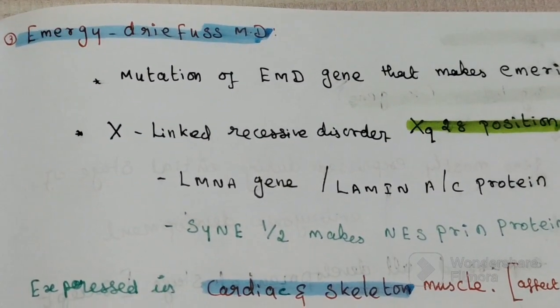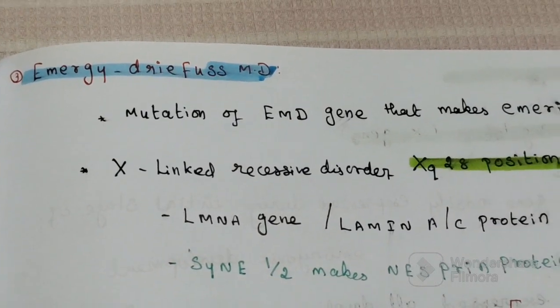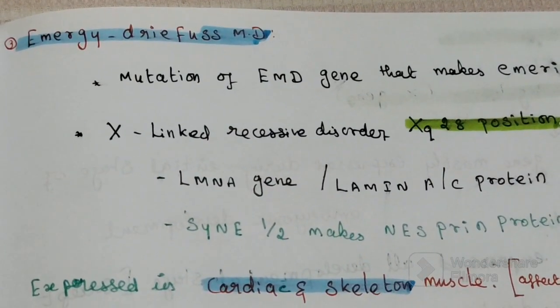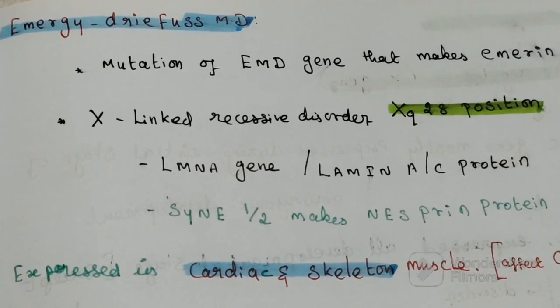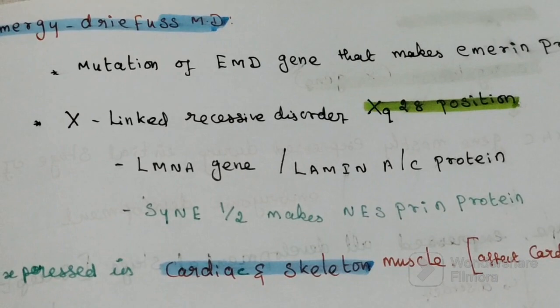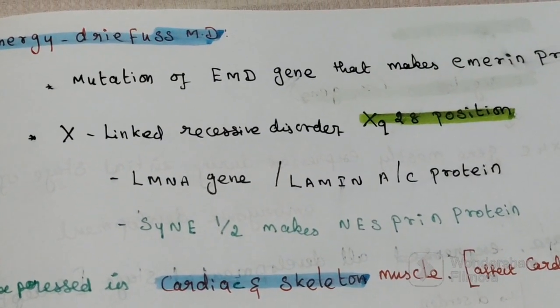Third type of muscular dystrophy, Emery-Dreifuss muscular dystrophy, which is due to mutation of the EMD gene that makes emerin protein.